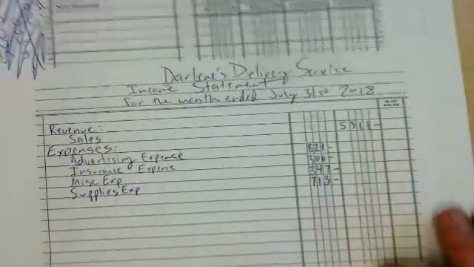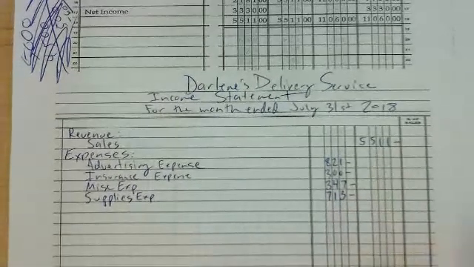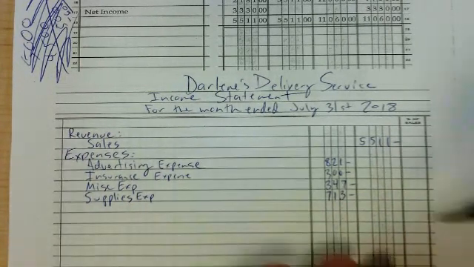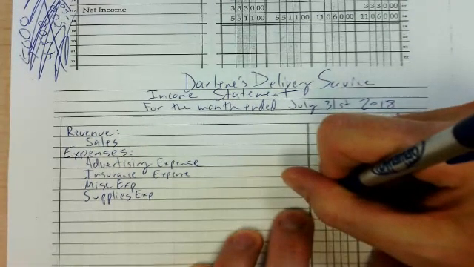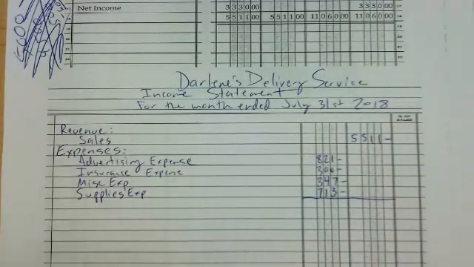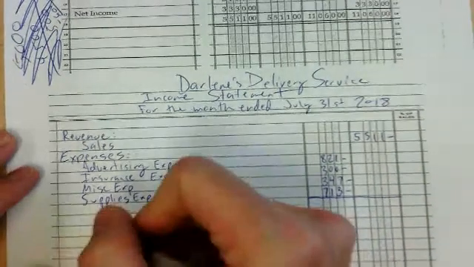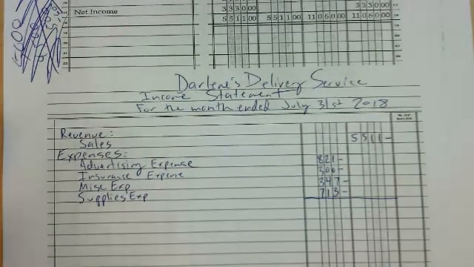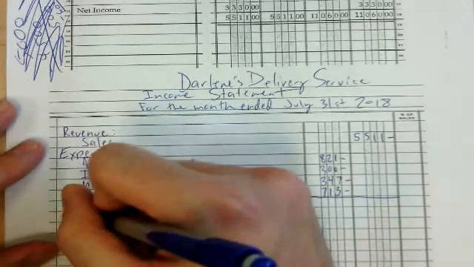So you have now listed your sources of income. You have listed your expenses. You do one line across both. And then your last line you call total expenses. And that one stays in line with all the rest.